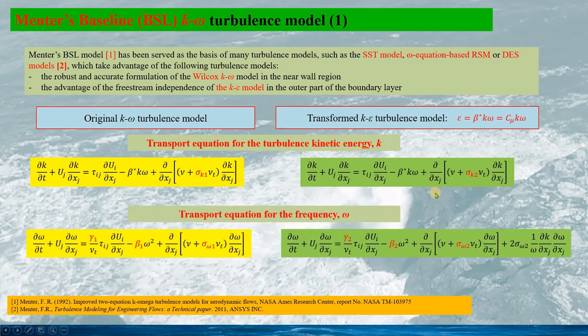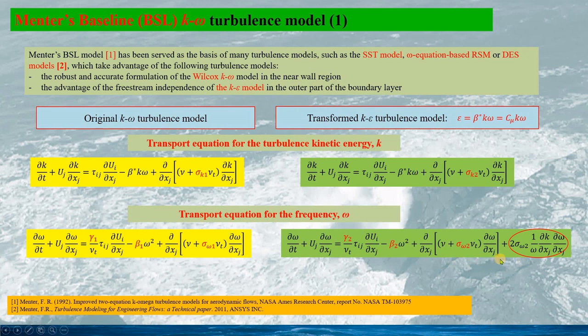The transport equations for the frequency omega are given as this, respectively, for the original K-omega turbulence model and the transformed K-epsilon turbulence model. Here we can see the coefficients gamma 1, gamma 2, beta 1, beta 2, and sigma omega 1 and sigma omega 2 are different.